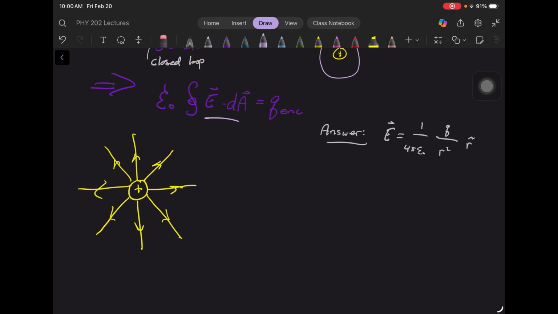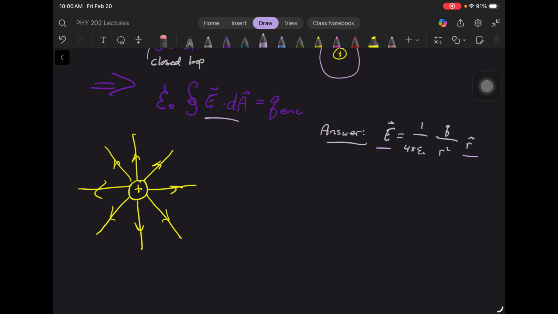And this is one of the things where you start following what's physically happening in the system as opposed to just blindly following math. Because maybe it's pointing in r hat, or it could be pointing in some other direction where you have to physically add the vectors at the end.